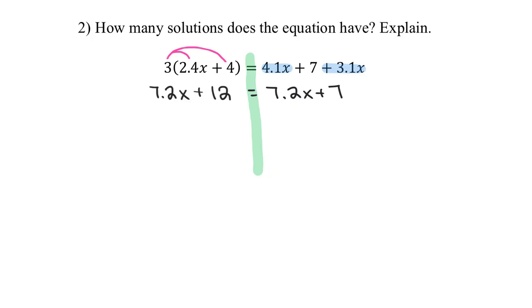Let's stop, let's take a look. What's some stuff that we're noticing, Jason? All right, we have the same coefficient, which means what's going to happen to that variable if I move it? It's going to cancel out. The constant is different.